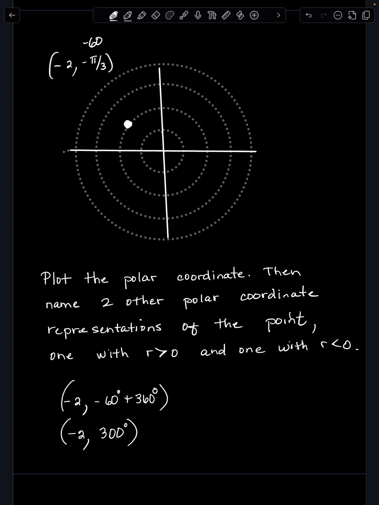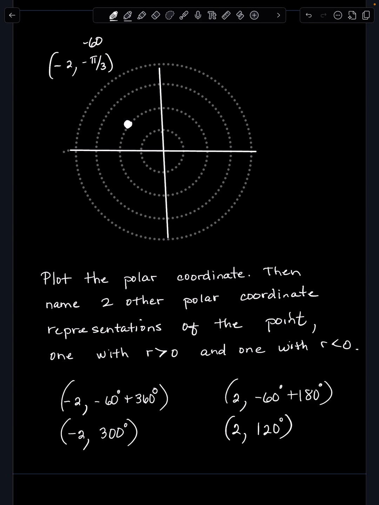Now I have to find a coordinate with the opposite r value. So in other words, I need +2. Well, remember, when we're dealing with the opposite r value, we're straight across, or 180 degrees across. So really all I need to do is take my original angle and add or subtract 180 from that. And when I do, I get (2, 120 degrees).